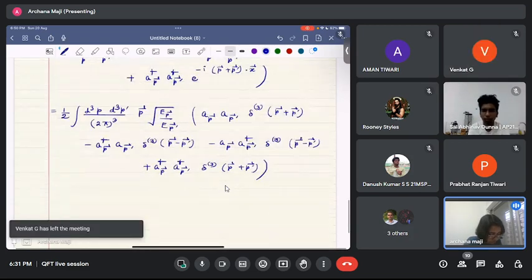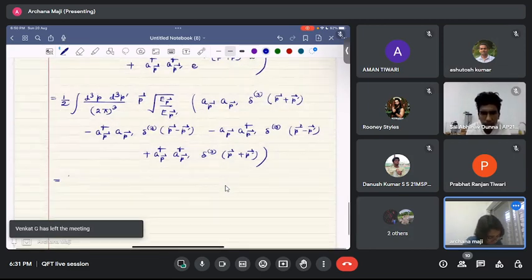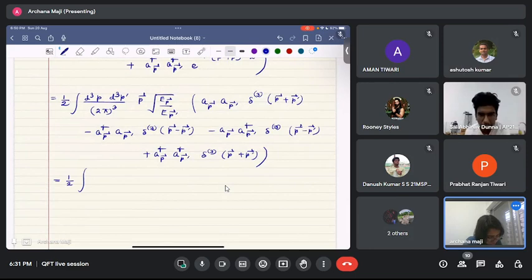Okay, now let's take this integration over d3p prime. So for this first term, p prime will be replaced by minus p.